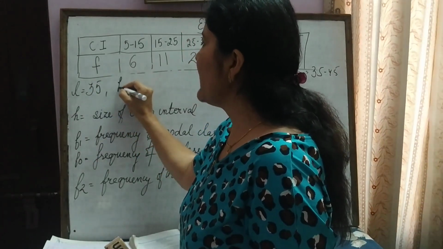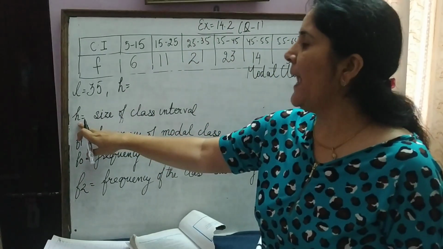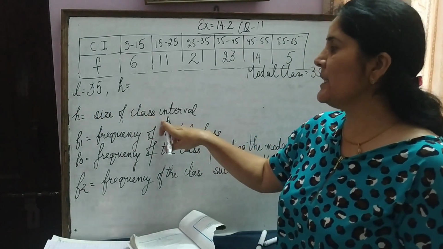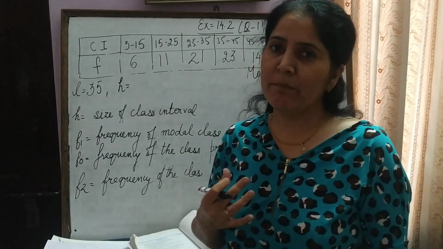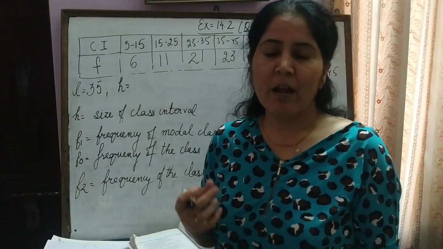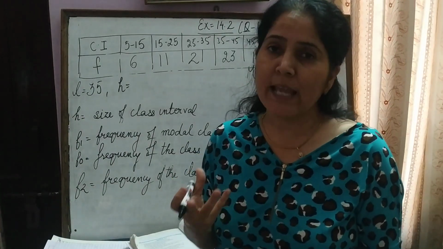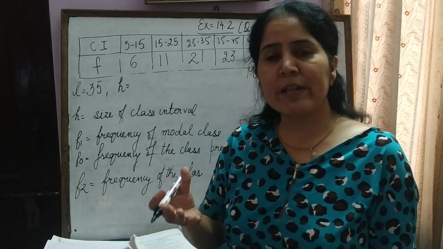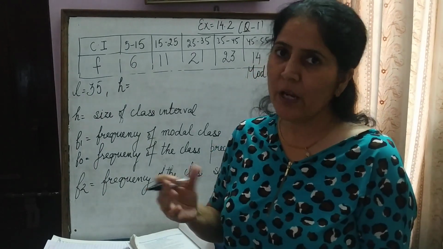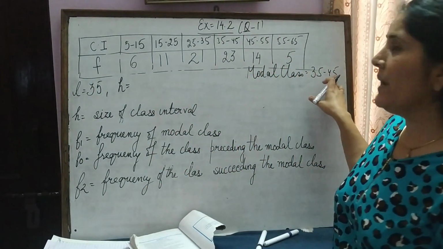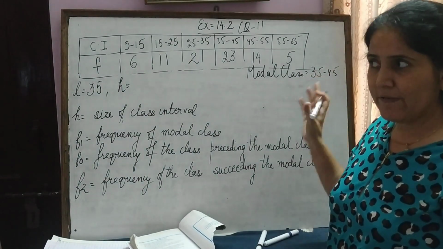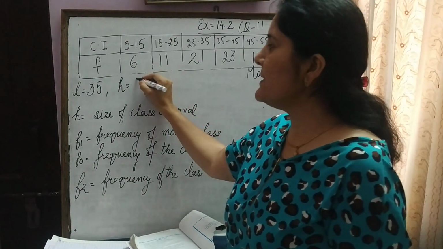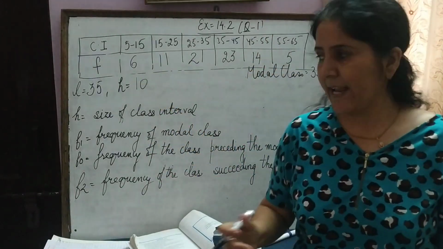I am going to write side by side here. Next is h is equal to size of class interval. In my last video, in the step deviation method, I told you what is h. h is the difference between the upper limit and lower limit. So upper limit is 45, the lower limit is 35, so the difference between these limits is 10. That is h.